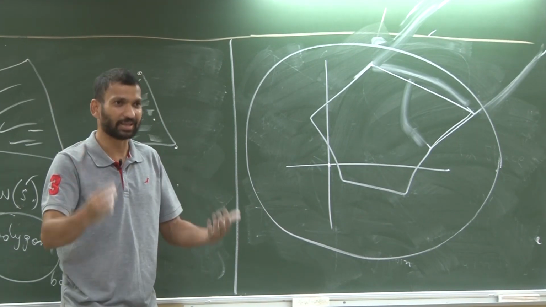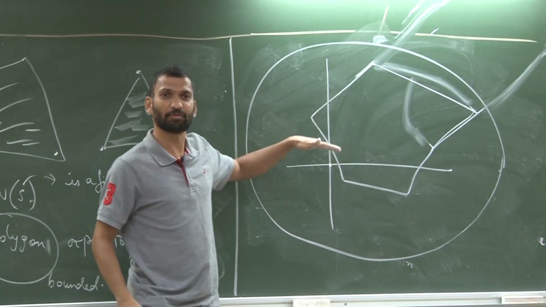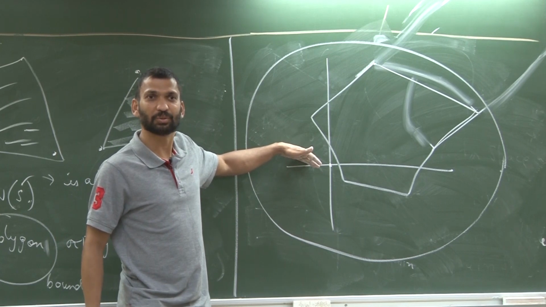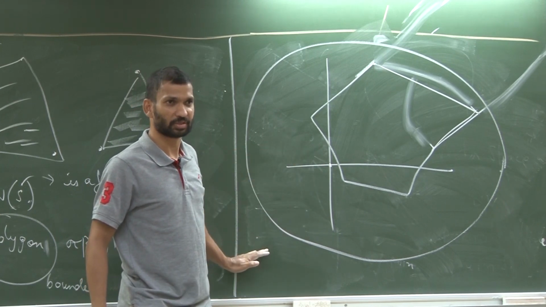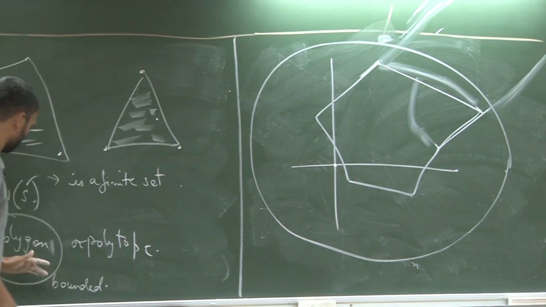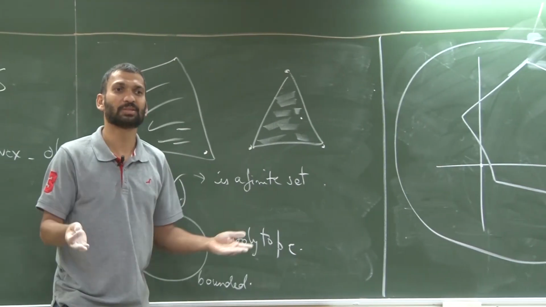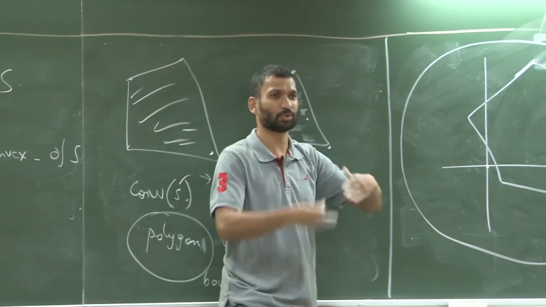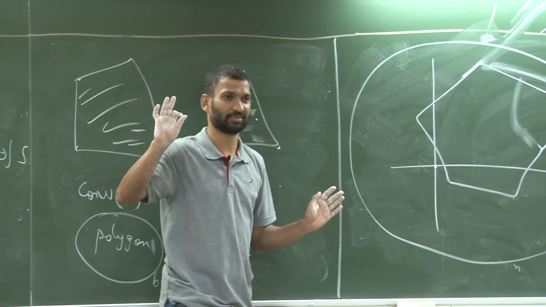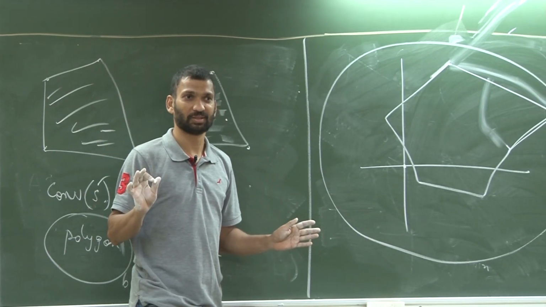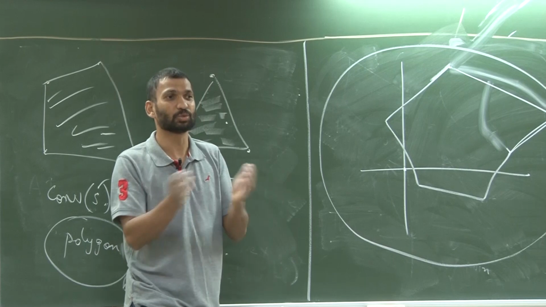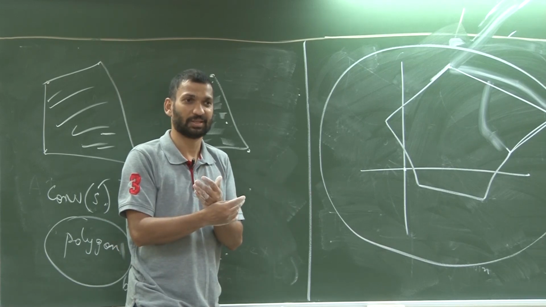Again, simple intuition, but I have to give a mathematical definition to all these things. So a polygon is bounded, a polyhedron is unbounded, but its boundaries are straight lines, and it's a convex set. But again we will see these two things coincide.